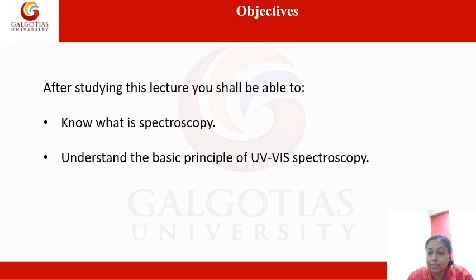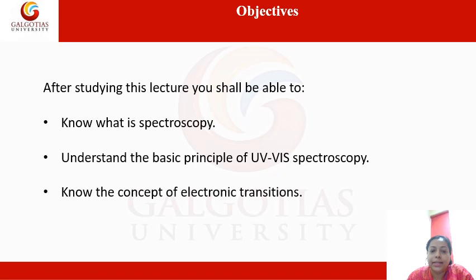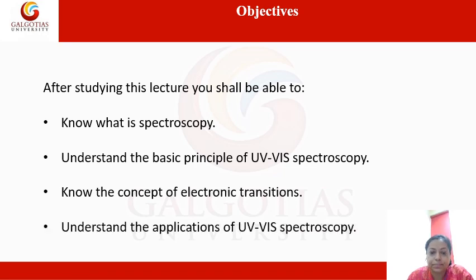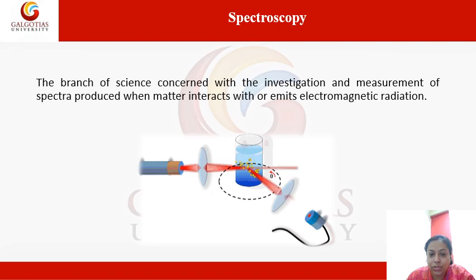Then we will discuss in brief the concept of electronic transitions. And in the end, we will discuss a few applications of UV visible spectroscopy. Because in order to understand what a chromophore is, it will take a little bit of time.